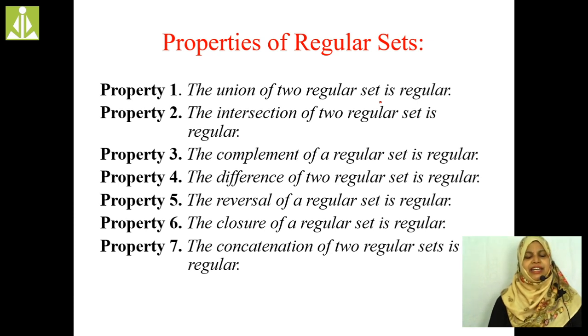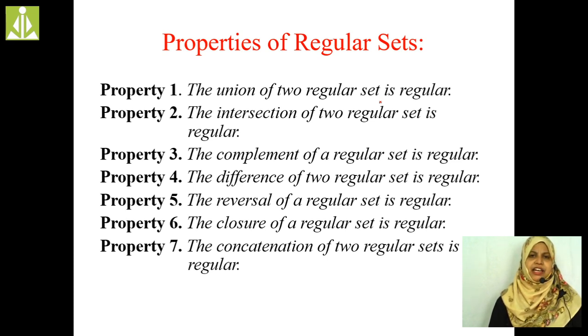The difference of two regular sets is also regular, the reversal of a regular set is also regular, the closure of a regular set is also regular, the concatenation of two regular sets is also regular.